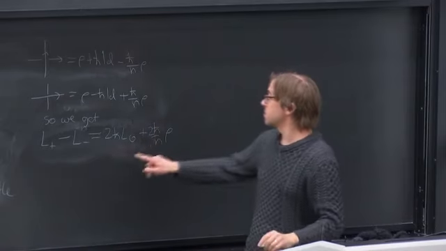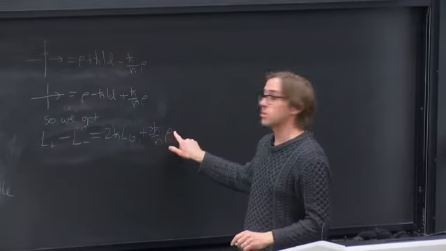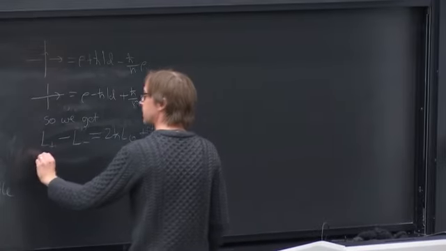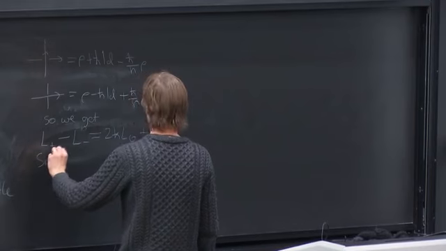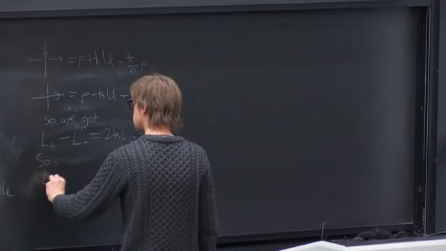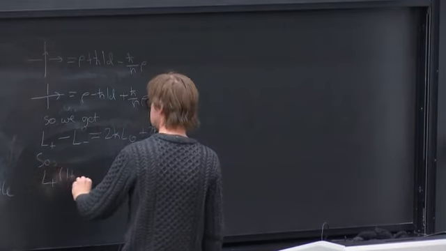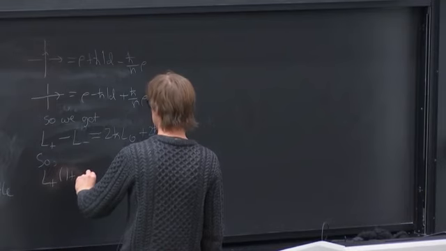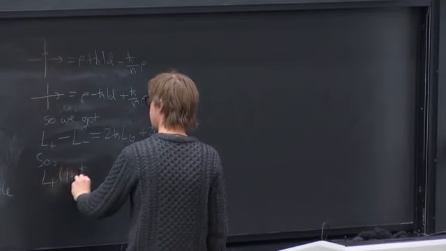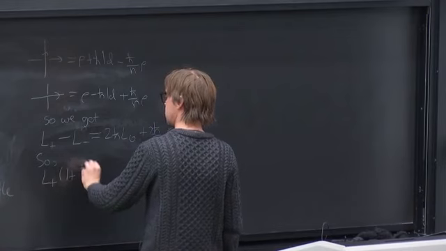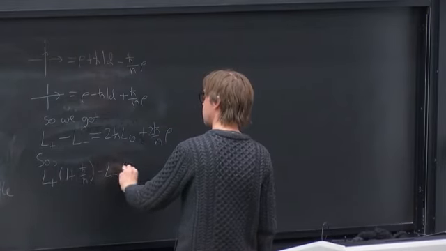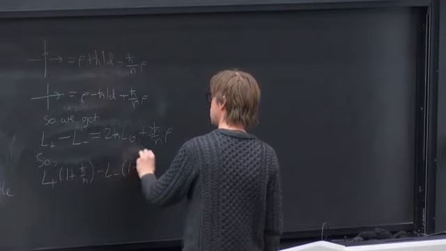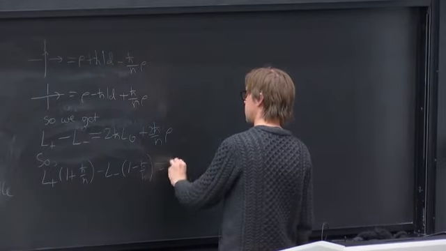And since modulo h bar squared, these guys are both equal to rho, L plus times (1 plus h bar over n) minus L minus times (1 minus h bar over n) is equal to 2h bar L0.